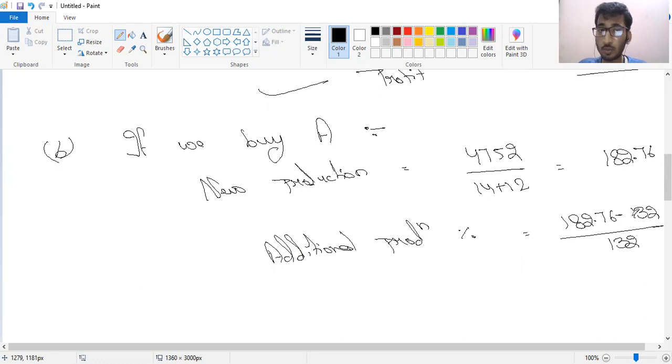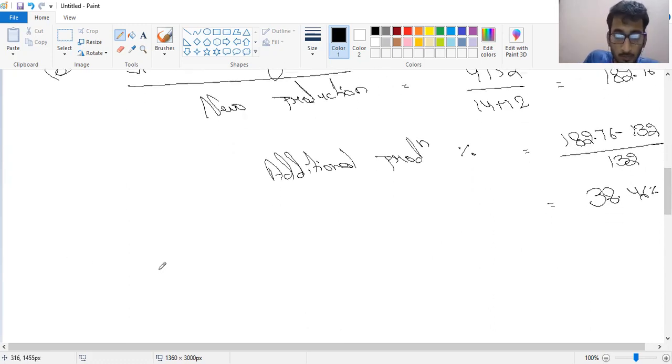If I outsource A, I would be able to manufacture 182.76. So the additional units in percentage, 50.76 divided by 132, it would be 38.46%. So I'll be able to manufacture additional 38.46%.